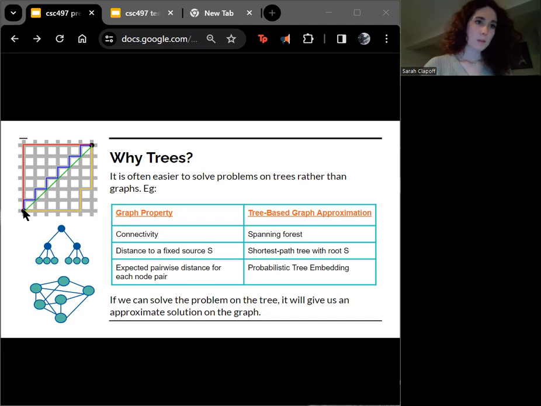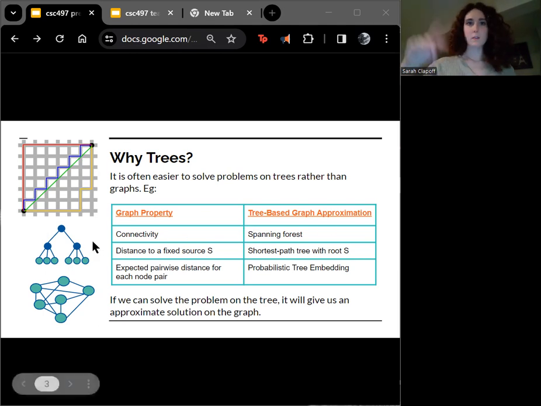So in this example, to get from one point to the other in the taxicab metric, you have to go all the way up and all the way over, which is much longer than in the Euclidean metric, where you can go straight across. Here, we're taking a more complex metric, which is the graph, which has many different paths between node pairs, and we're representing it with a simpler metric, which is the tree, which just has one path between any two node pairs.